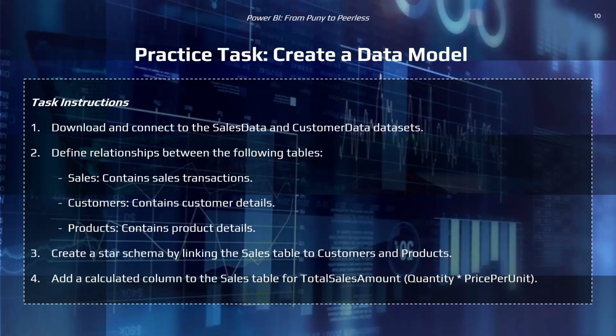Customers contains customer details. And products contains product details. Then, create a star schema by linking the sales table to customers and products. And finally, add a calculated column to the sales table for total sales amount: quantity times price per unit.